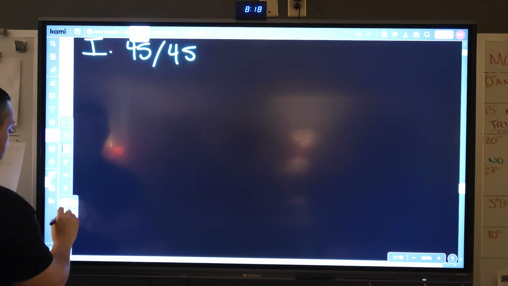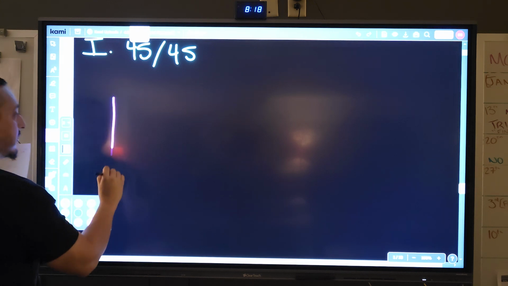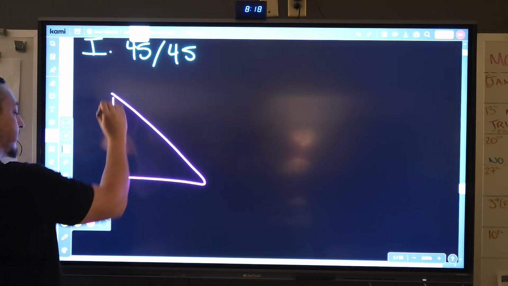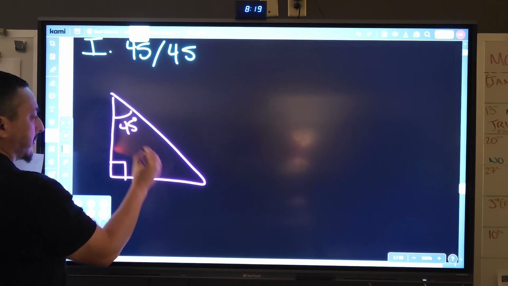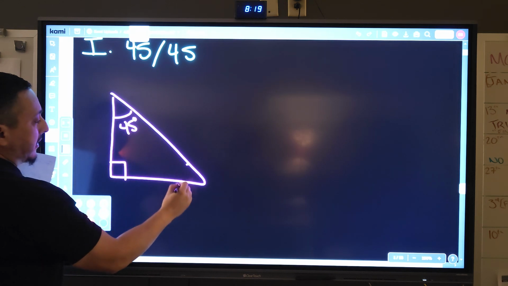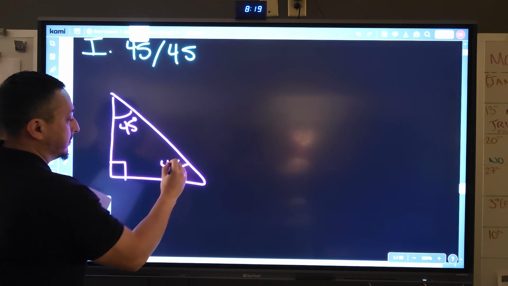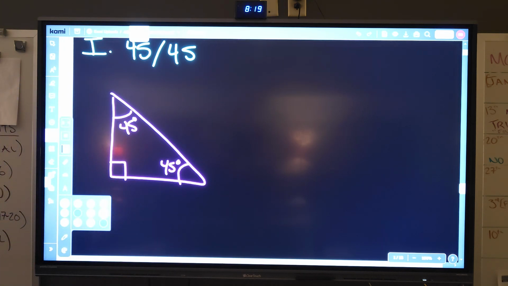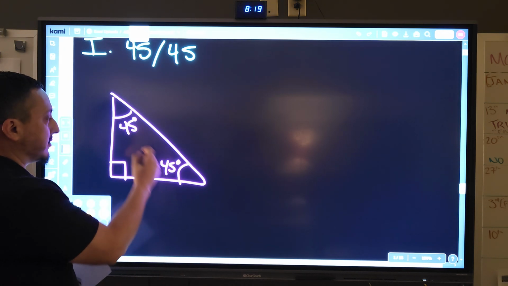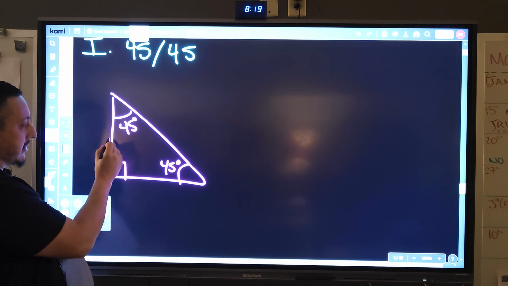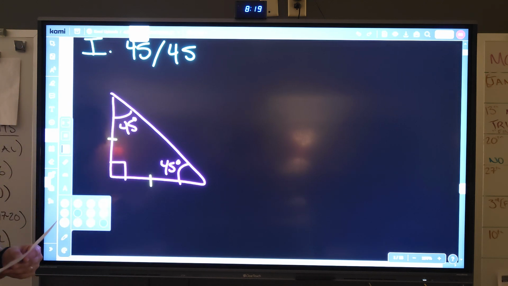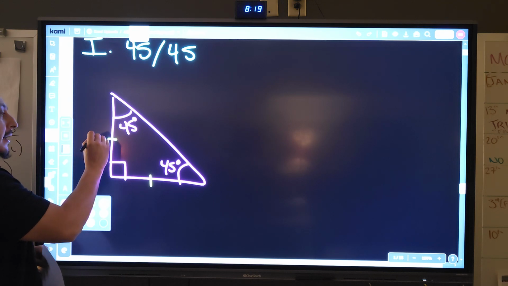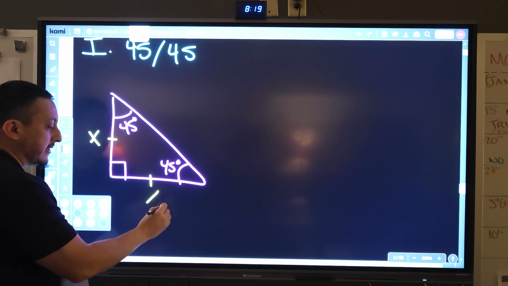So this is the important part, so write this down. 90 degrees here, 45. Remember, both of these have to add up to 90, so that has to be 45, 45. Since these two angles are the same, common sense would tell us these two sides also have to measure the same, and so we can call that length x.